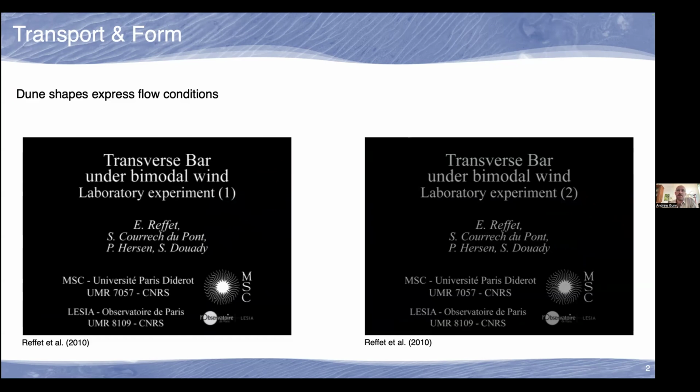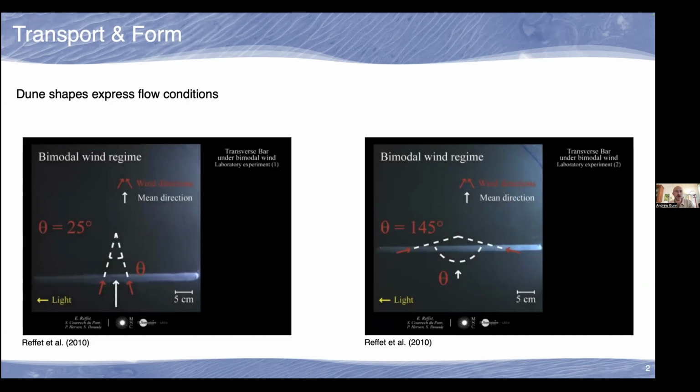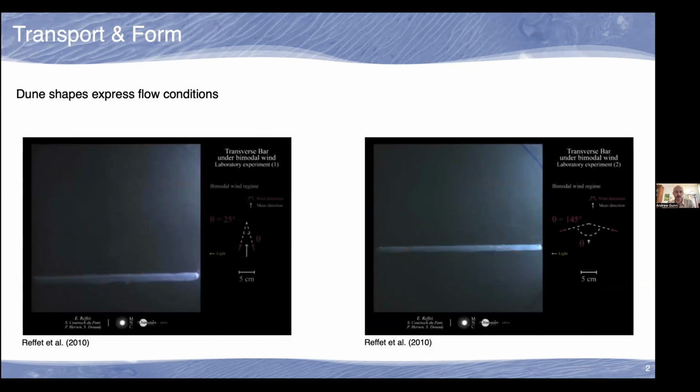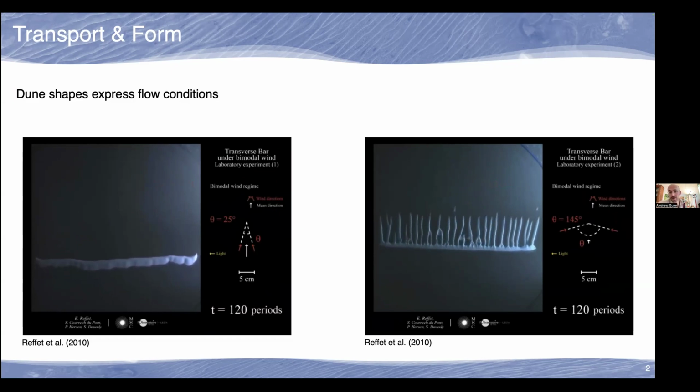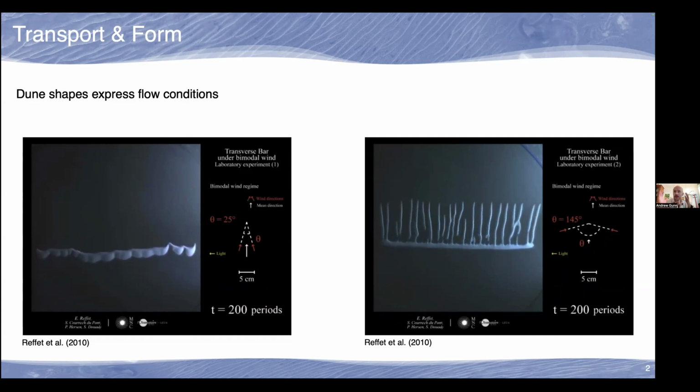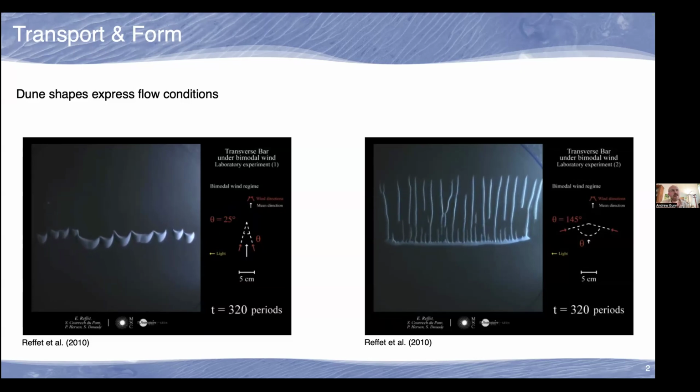That means you get two different morphologies of dunes developing. You get barchan dunes on the left, which are like unimodal winds, and then linear dunes on the right, which are basically created by two winds which have a divergence angle of greater than 90 degrees. So the morphology is characteristic of the wind climate, right? These are two very nice clean examples of that.